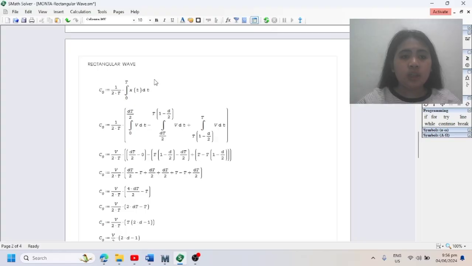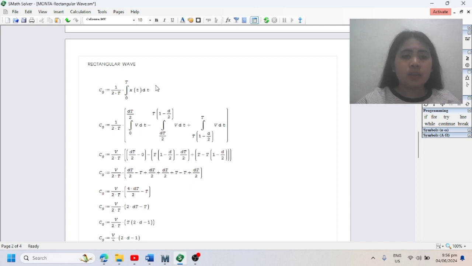Next is the computation of the c sub 0 or the c0. c sub 0 is equal to 1 over 2T times the integration of 0 to T of x(t) dt.